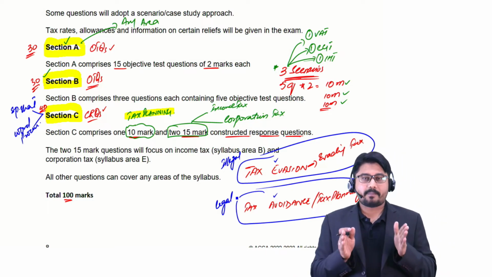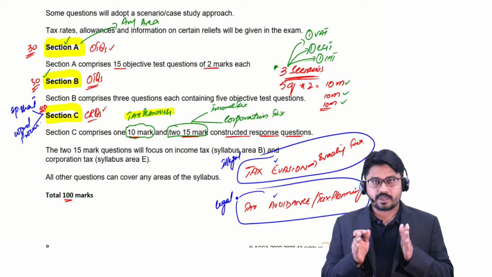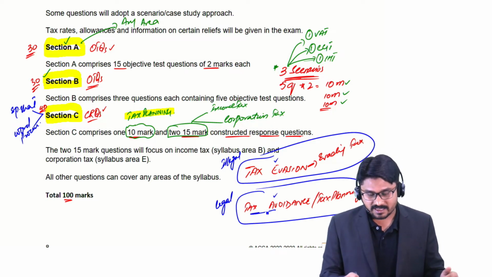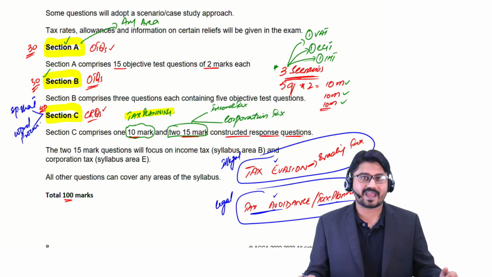So if a person is trying to reduce tax liability by using legal ways, that is termed as tax avoidance, meaning you are planning your taxes.